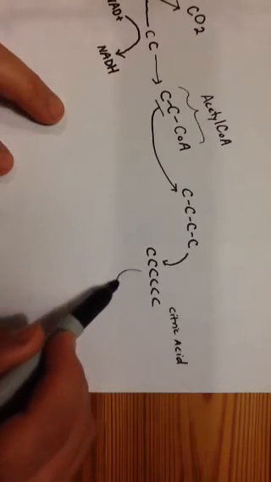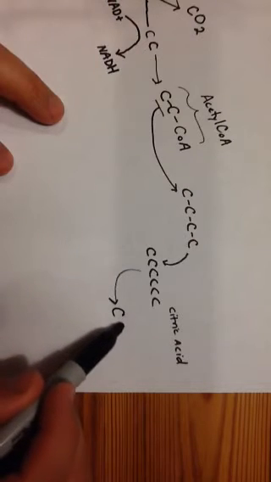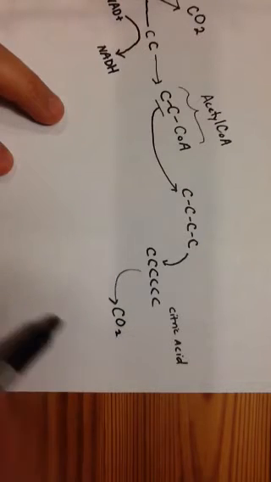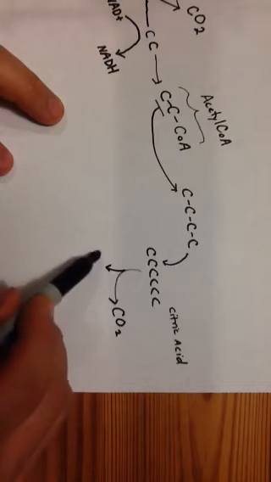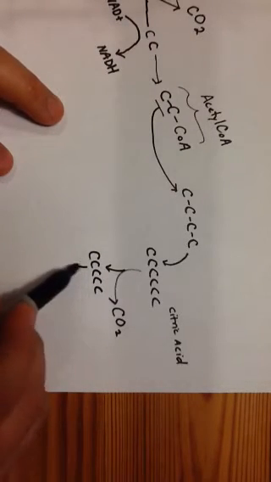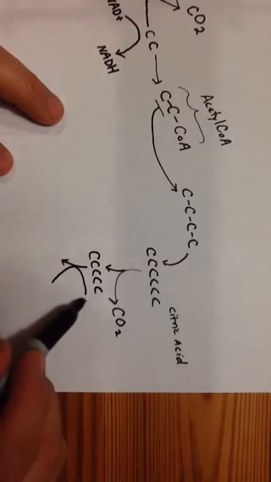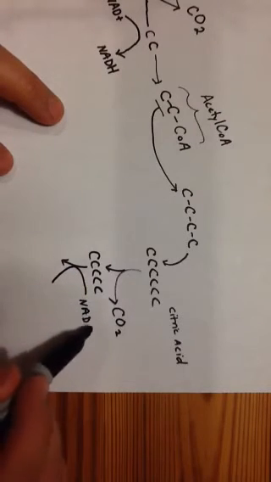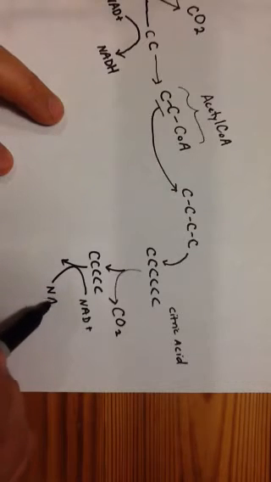We're going to take, first thing, remove a carbon in the form of carbon dioxide. That's going to result in a 5-carbon molecule. We are then going to have a redox reaction where NAD plus removes electrons to create NADH.